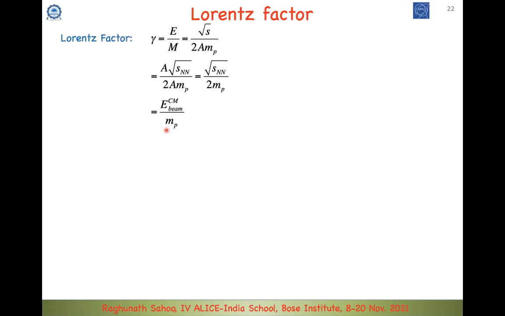So if somebody asks you what is the Lorentz factor or gamma factor for pp 13 TeV collisions, immediately you should answer: your center of mass beam energy for 13 TeV is 7 TeV. So 7 TeV is 7000 GeV, and 7000 is the gamma factor for pp collision at 13 TeV.